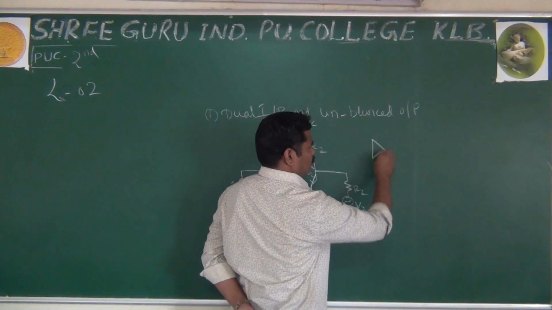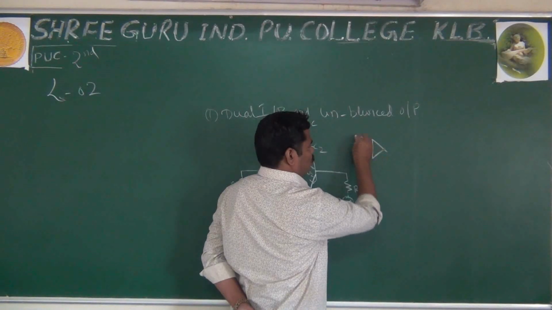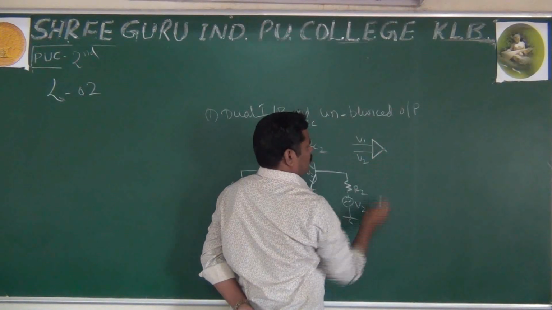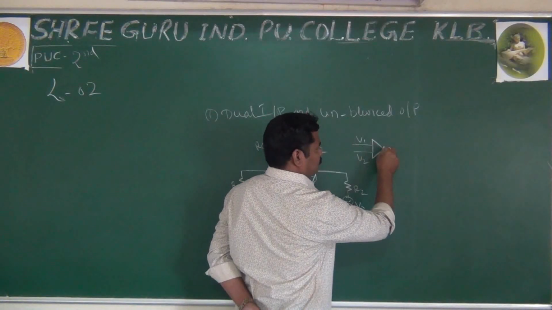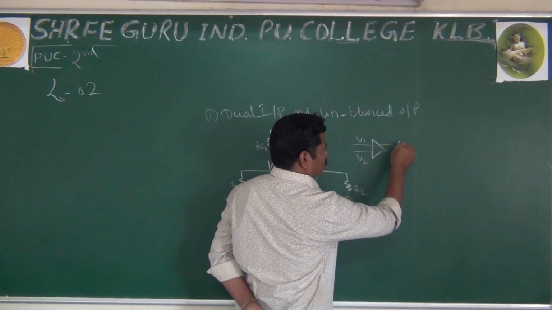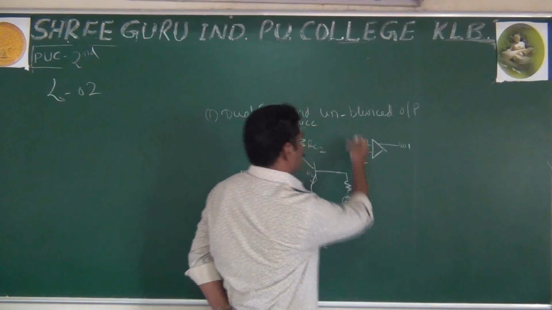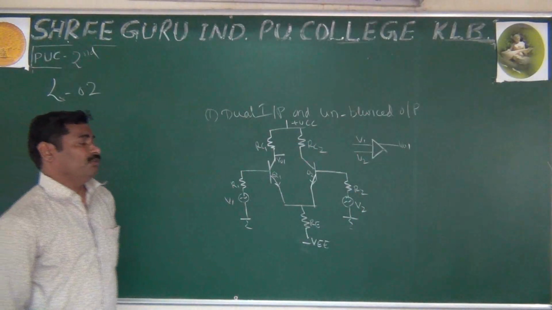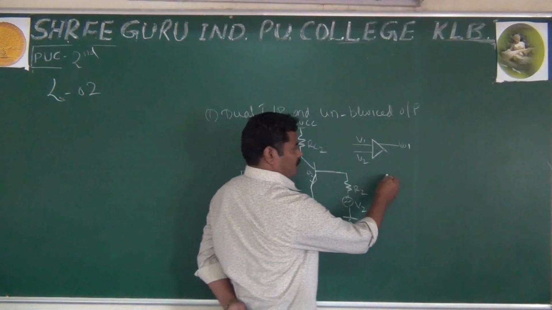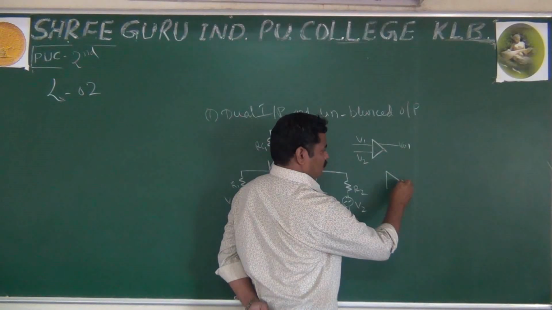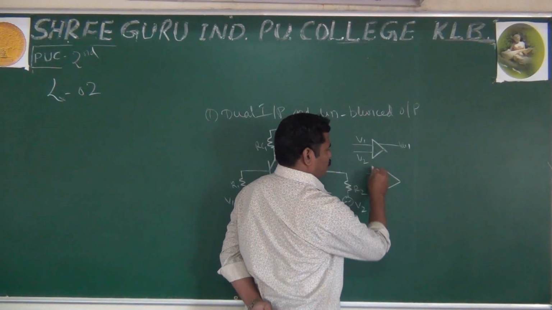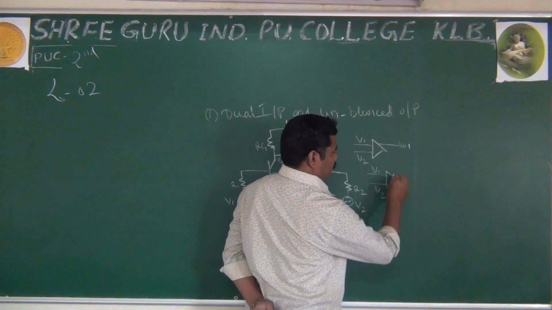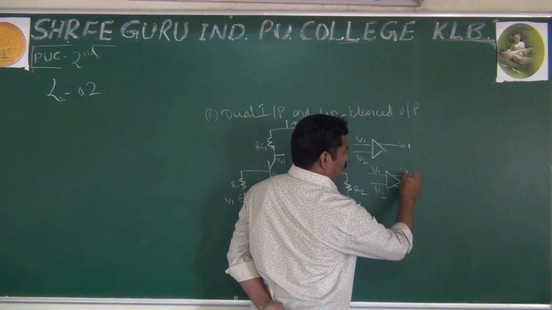Symbolically, it has the two inputs V1 and V2, and only one output, V0. It is called unbalanced. And in the balanced one, like I said already, symbolically it has V1 and V2 with the outputs V01 and V02.